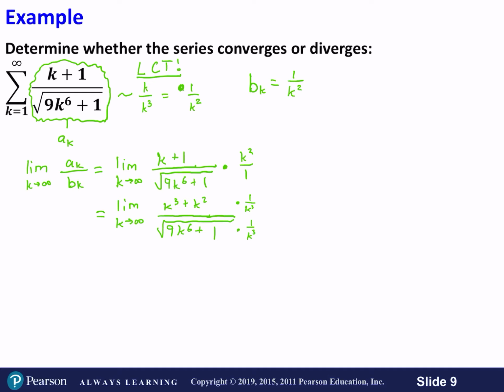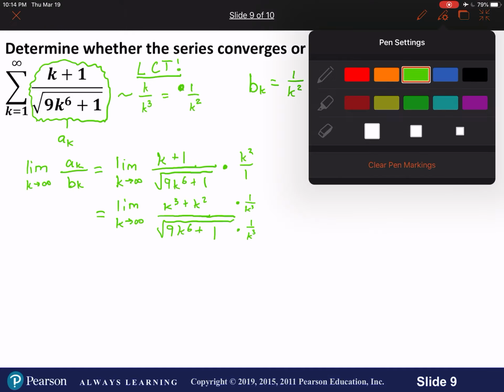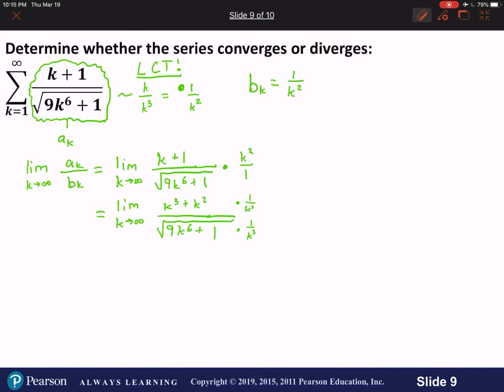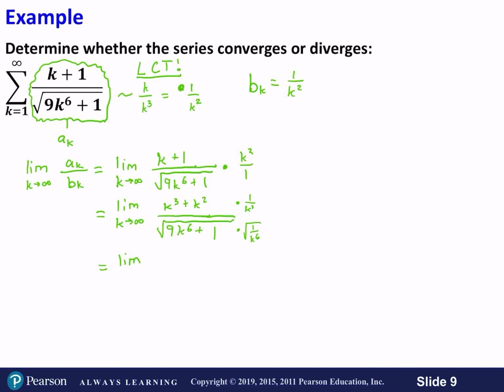In the denominator, when we multiply by 1 over k cubed, we are essentially multiplying by the square root of 1 over k to the 6th. And since those are both in a square root, we can multiply the two things inside the square root.